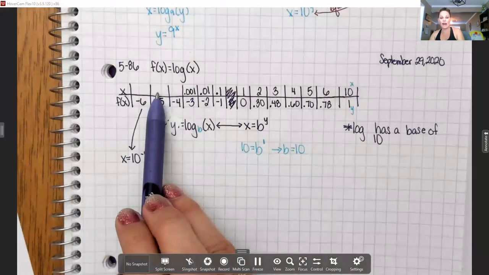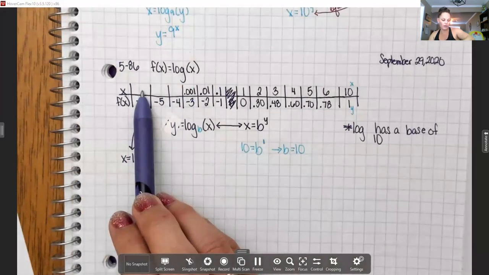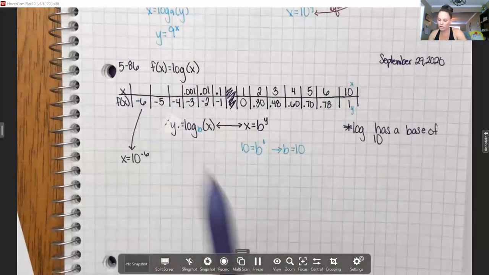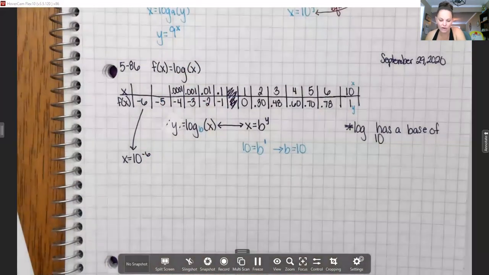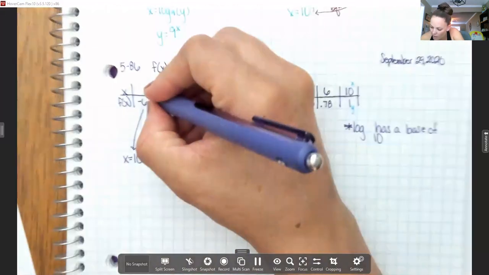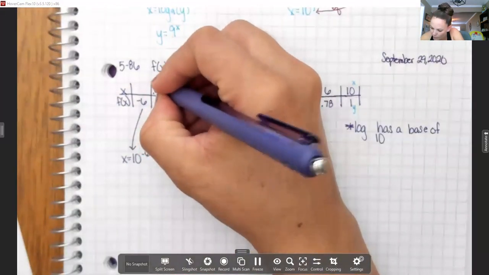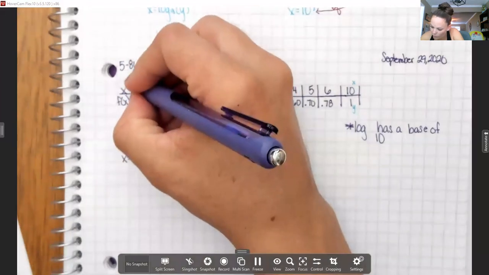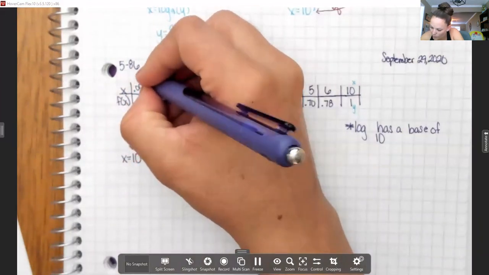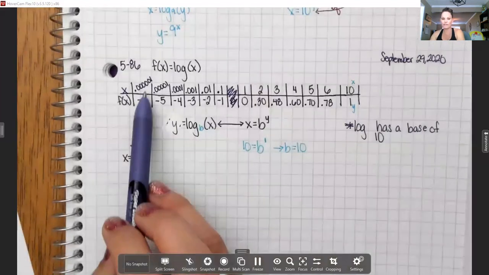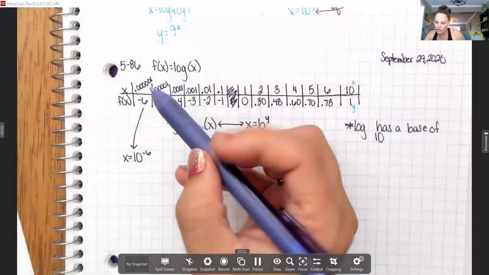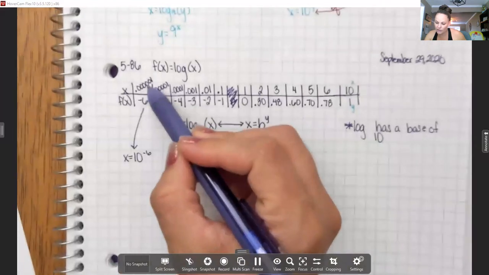It's essentially dividing by another 10 up here, which adds another 0. I didn't make my boxes quite big enough here. So 10 to the -6 is equivalent to 0.000001.